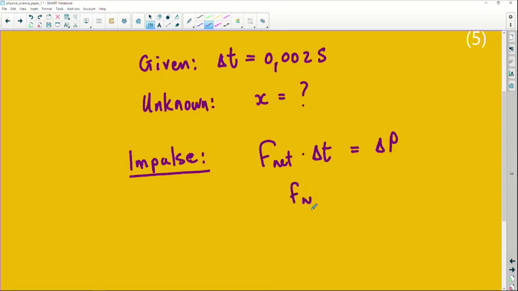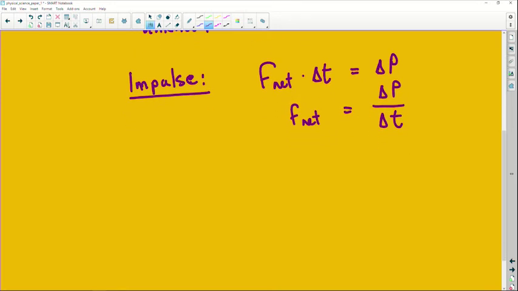So if we take that equation and we rewrite it as F net is equal to a change in momentum that takes place over an amount of time, we get that form of the impulse equation, and we can expand it in the following way. Remember, a change in a physical quantity is defined as the final quantity minus the initial quantity. So in this case, it would be the final momentum minus the initial momentum, and we divide it by delta t.